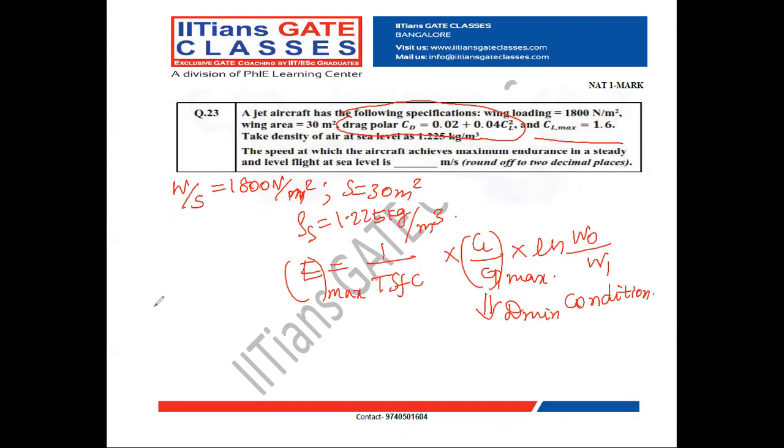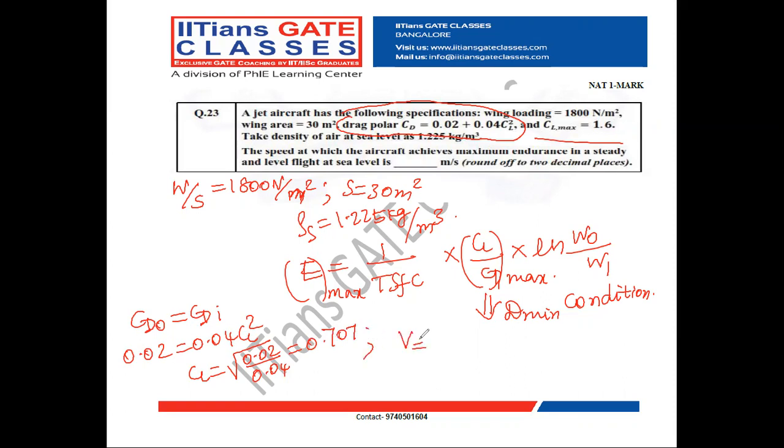Drag minimum condition is nothing but CD naught equal to CDI. That is 0.02 equal to 0.04 CL square. From this, CL is root of 0.02 divided by 0.04, and we get 0.707.